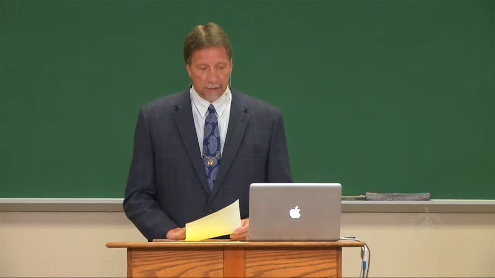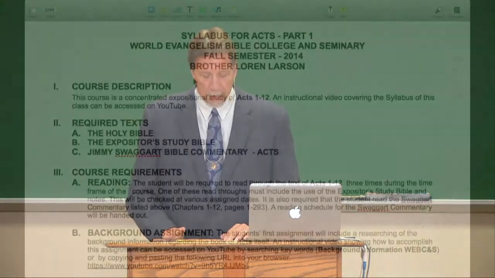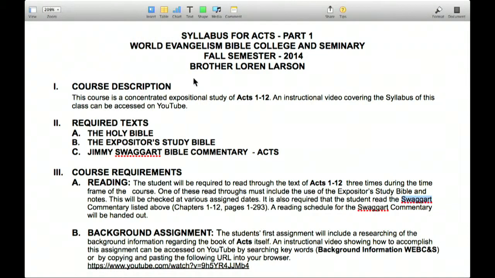And to make this a successful viewing for you, you'll need 4 documents, all of which you should have already received in your first class with me in the book of Acts. You'll need, number 1, your syllabus handout, and we have that here on the screen for you, and we'll be traveling through that and discussing what's on the syllabus. Number 2, you should have a reading schedule that you picked up from the first class.